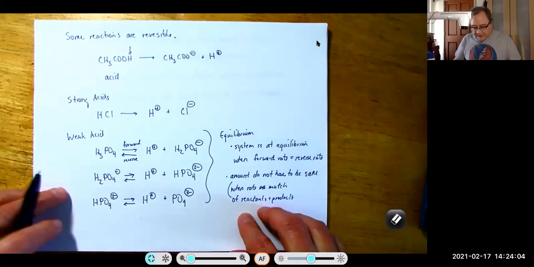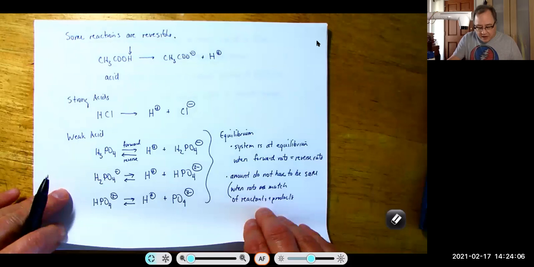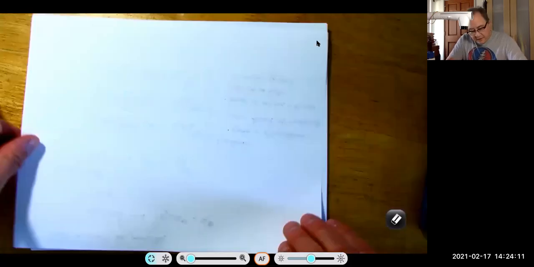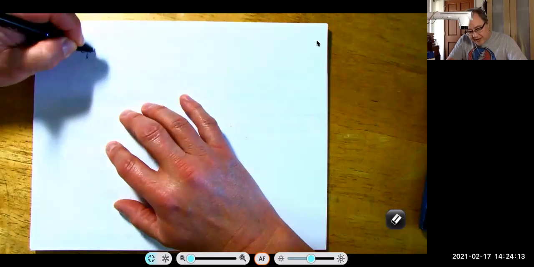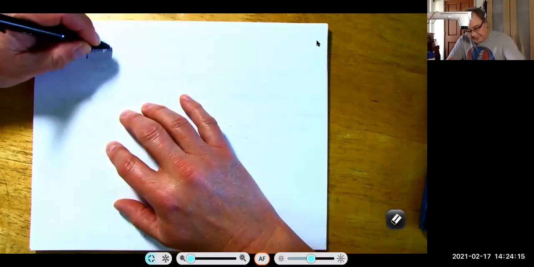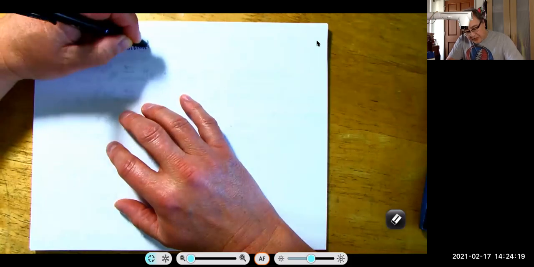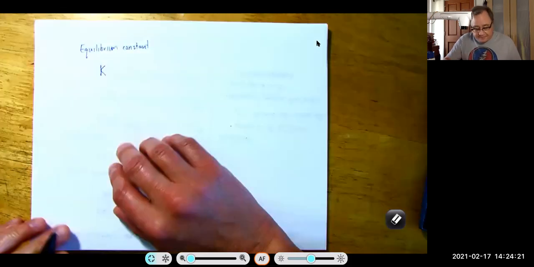And then we have these things called equilibrium constants. These are things that you want to understand but not memorize. We use the letter K for an equilibrium constant.